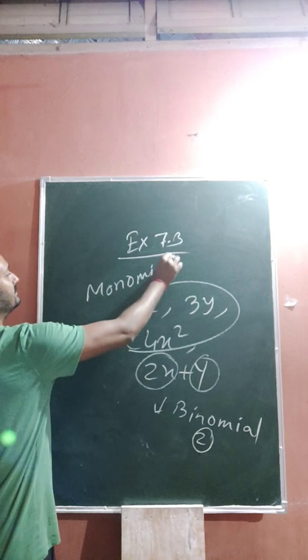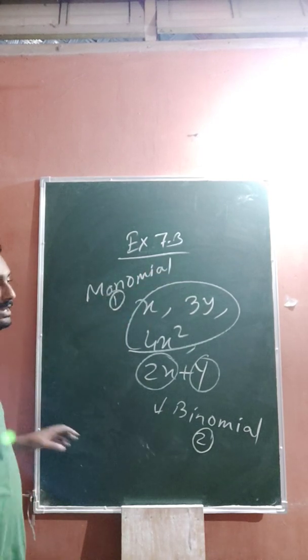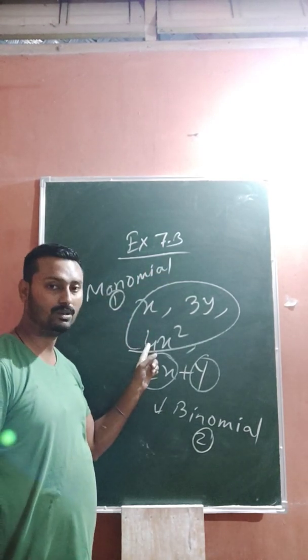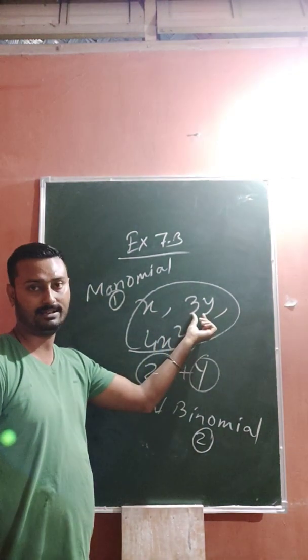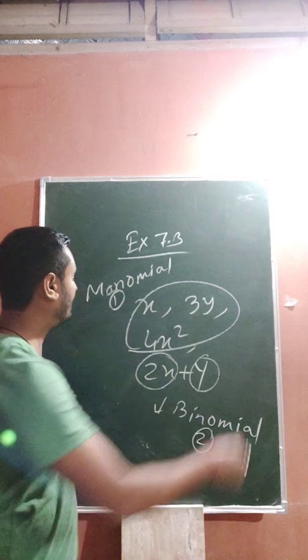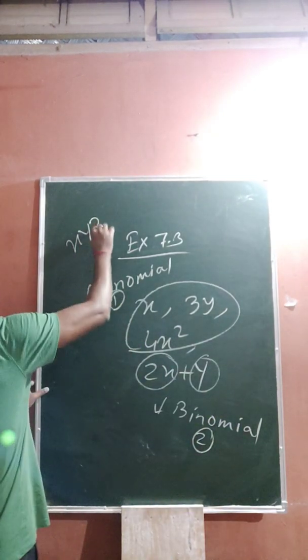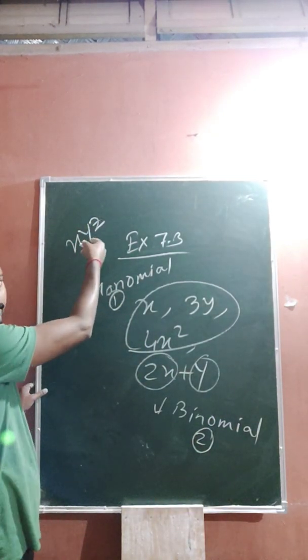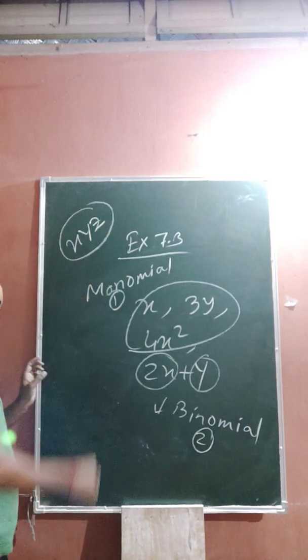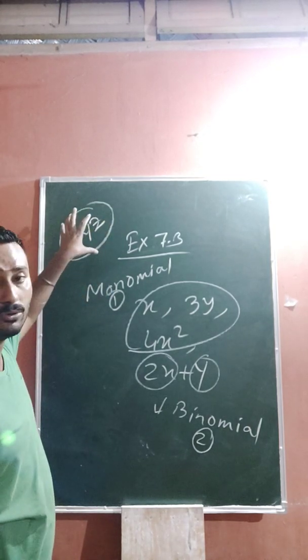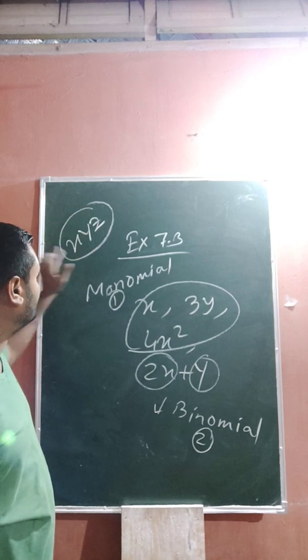Because in this case the number of terms is 1. Maybe two numbers, 4 and x squared, 3 and y, but they are multiplying each other. Suppose you write xyz, x into y into z. There are 3 alphabets x, y, z, but it is considered as one term because all are multiplied with each other. That means this one is monomial.